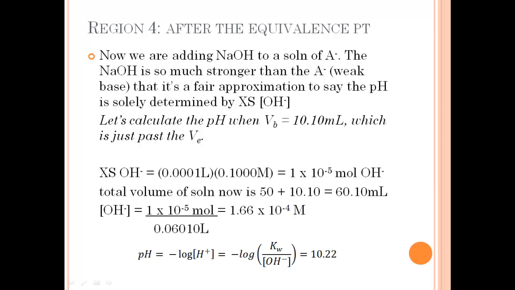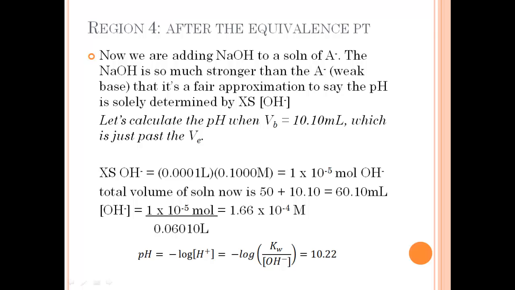So for example, let's calculate the pH when the volume of base that has been added is 10.10 mL, which is 0.10 mL after the equivalence point, which is 0.00010 liters times the molarity of the base, which is 0.1. If you multiply that, you should get 1 times 10 to the negative 5 moles of OH.